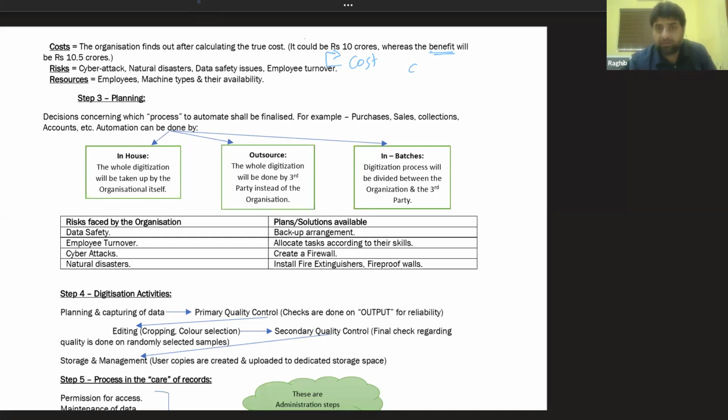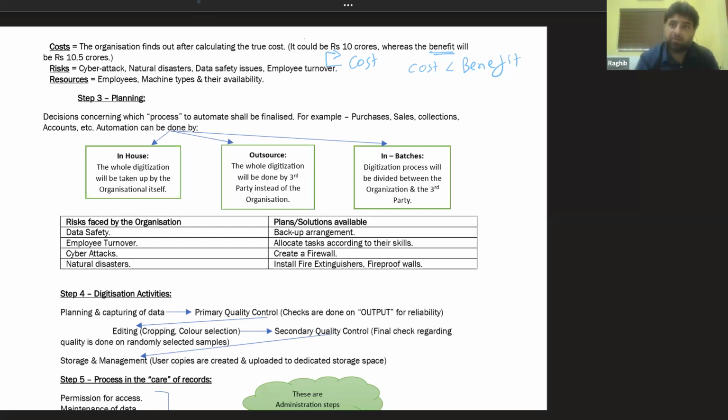Of course, in this number, cost is less than benefit. But really, you are spending that much and getting profit of only this much. Profit is more than the cost, of course, but the benefit itself is very little, right?